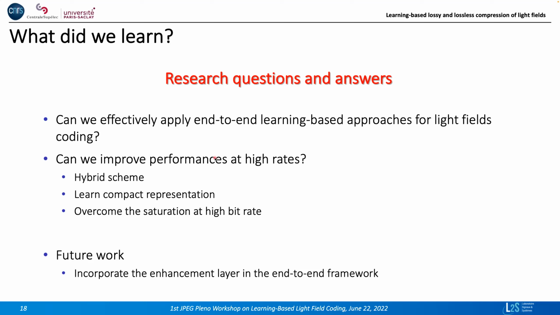And so we can learn compact representations for low bitrate coding, but also overcome the saturation problem at high bitrate. So the natural next step here would be to optimize both the base layer and enhancement layer in an end-to-end fashion. This probably would give you even further gains.